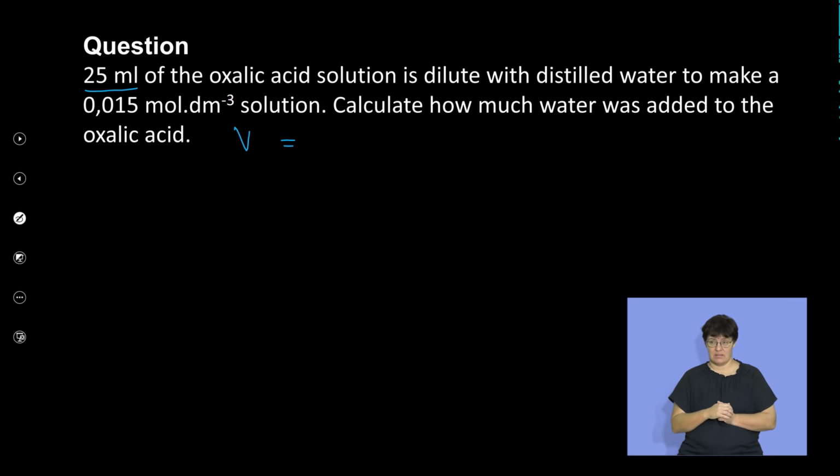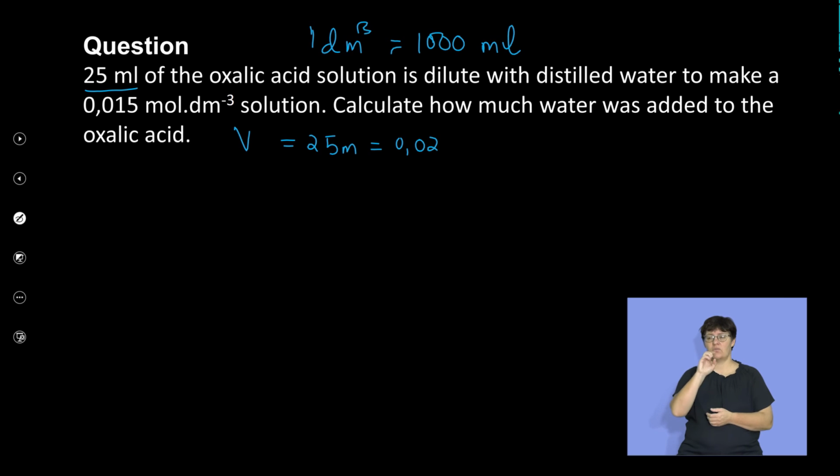I prefer to work with the SI unit, so you divide that by 1,000, because 1 cubic decimeter is equal to 1,000 cubic milliliters or cubic centimeters. So that volume, 25 mils, is equal to 0,025 cubic decimeters. That's the volume. It's diluted with distilled water to make that concentration.